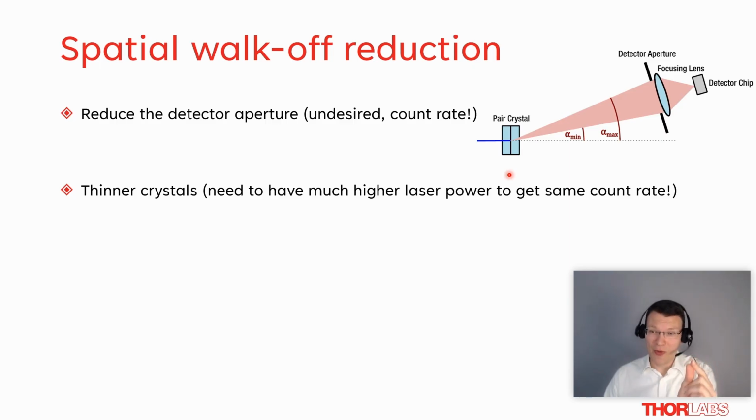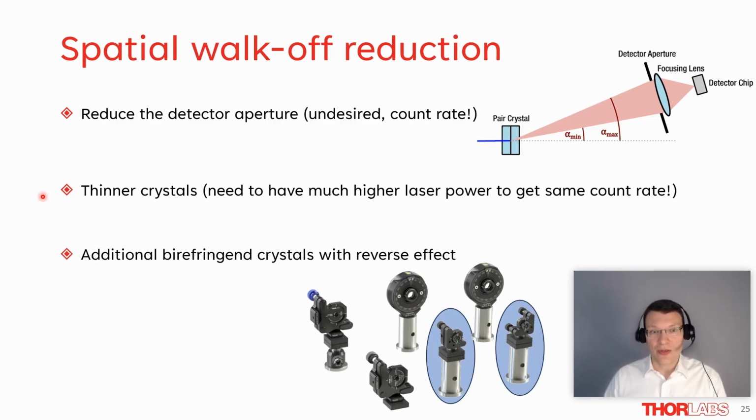So making it thinner will mean you have fewer photons, and if you want to arrive at the same count rate, you will have to increase your laser power significantly. And 200 milliwatts of blue in a lab are not so much fun. The third thing, what is often done in labs, is you choose additional birefringent crystals that you place in the beam that have the reverse effect. These are the two spatial compensation crystals that you place in the setup that counter the spatial walk-off.